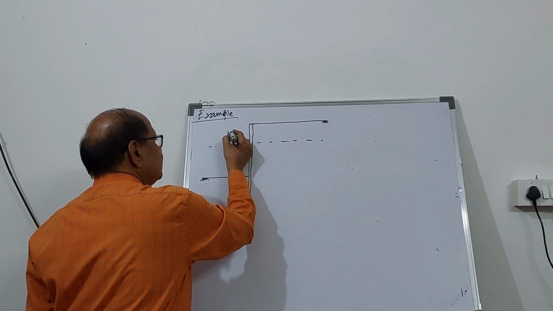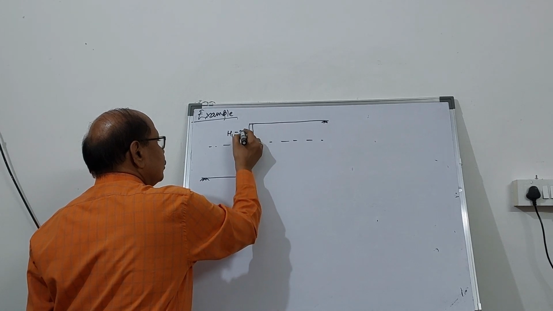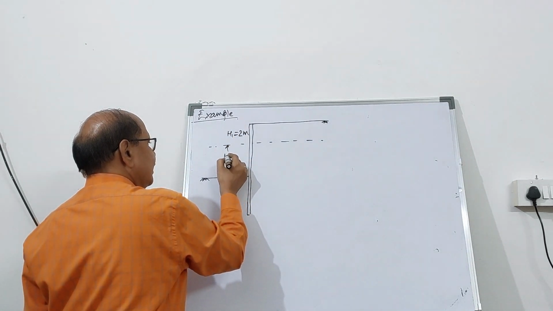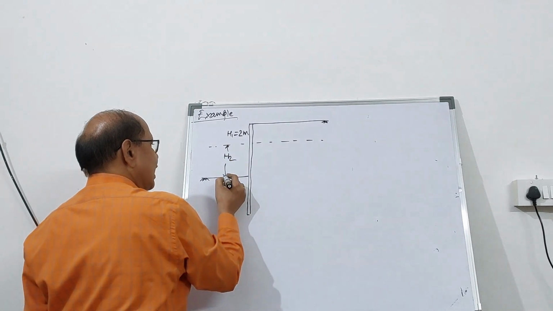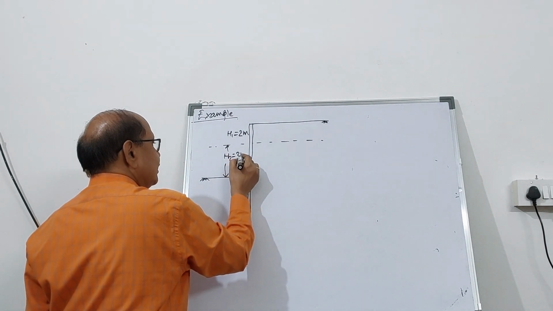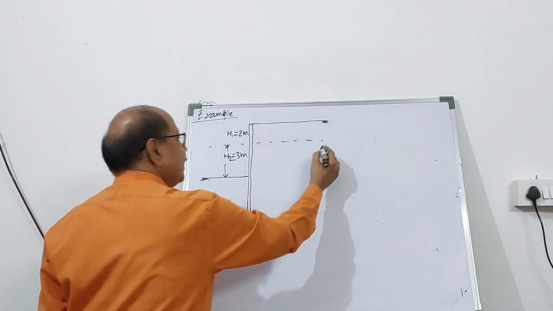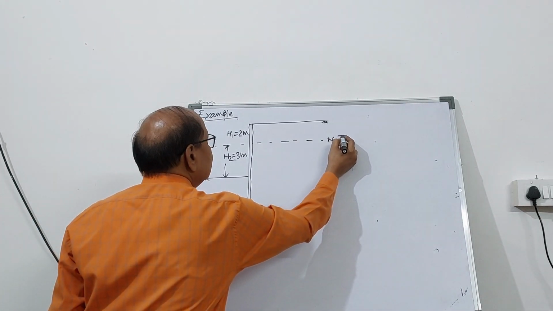So H1 equal to 2 meters, and from here up to the dredge line, H2 was 3 meters in the previous problem. So a similar example you can take, and this is the water table.